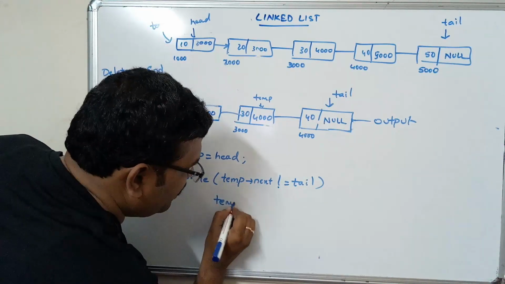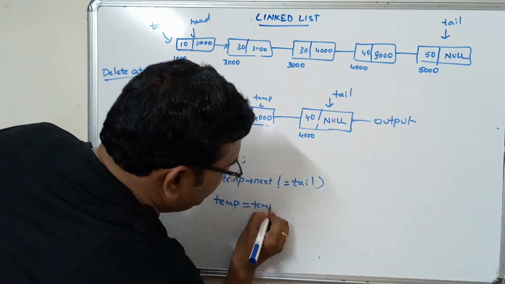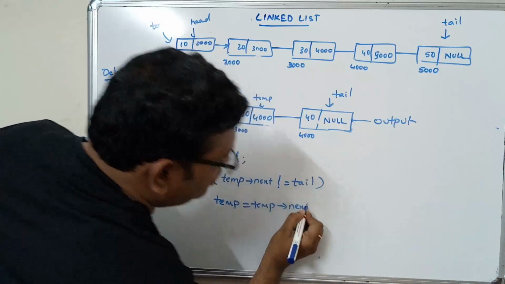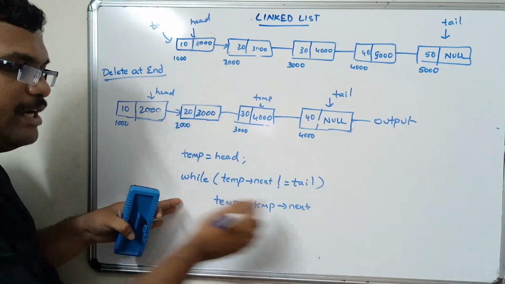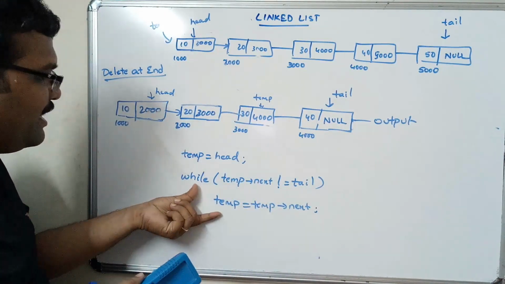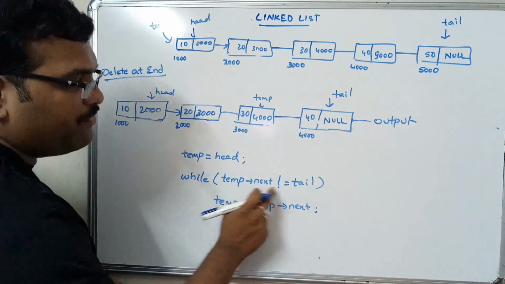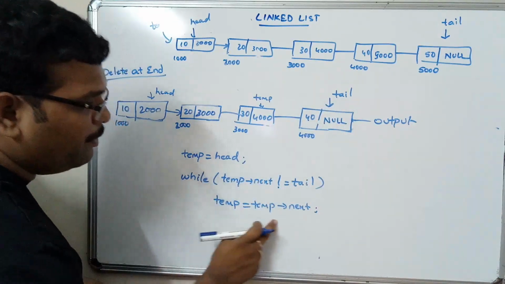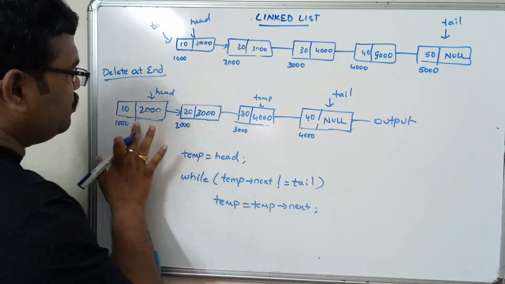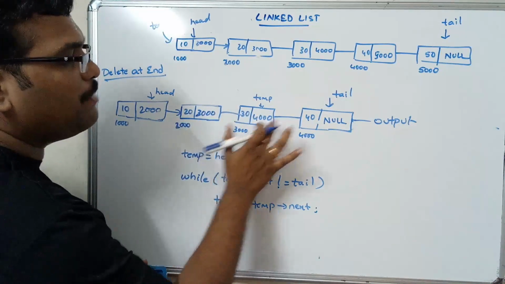So we have to travel. Temp is equal to temp of next. So just we are writing some iterative statements, right? So this iterative statement means until the temp of next is equal to tail, the temp will be moving towards its right. So temp of next, temp of next, temp of next is null.